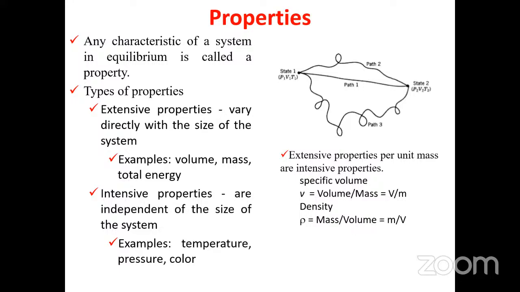But as I've told you, an extensive property varies directly with size. I mentioned volume, mass and total energy. I want you to note something: any extensive property per unit mass is no longer an extensive property. It has changed to an intensive property.